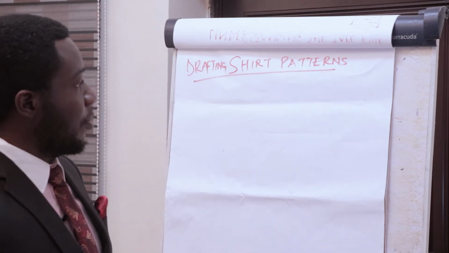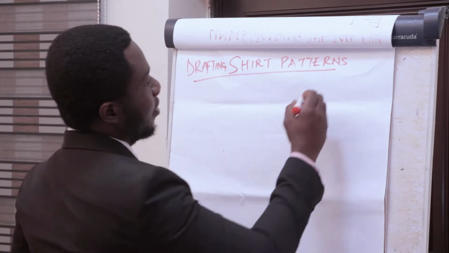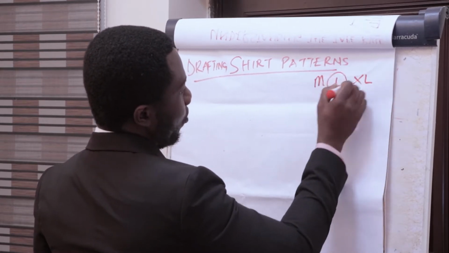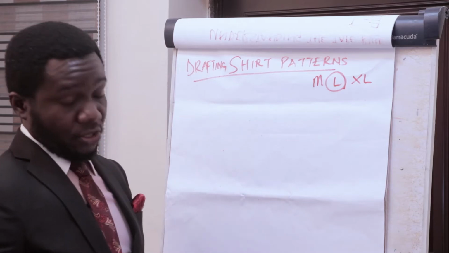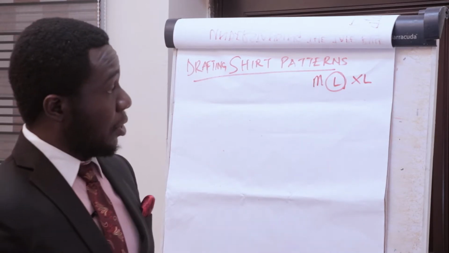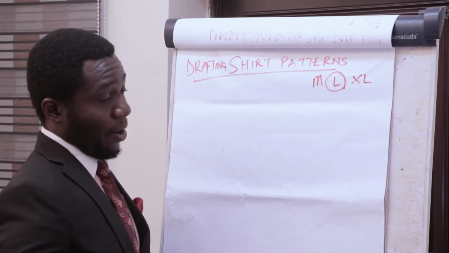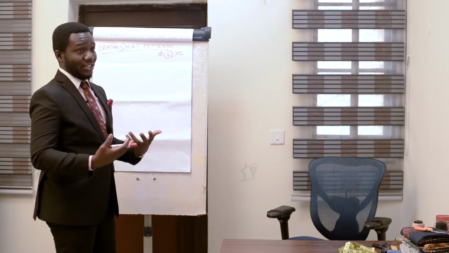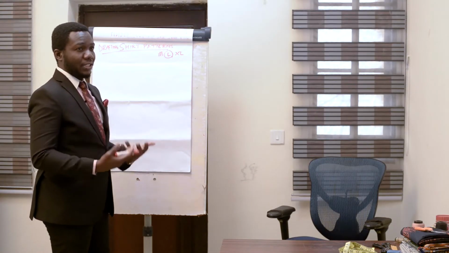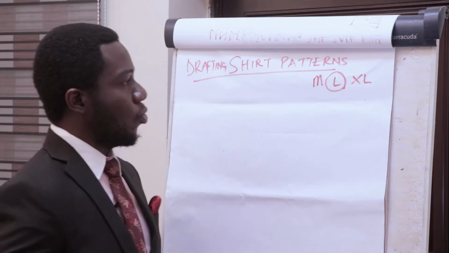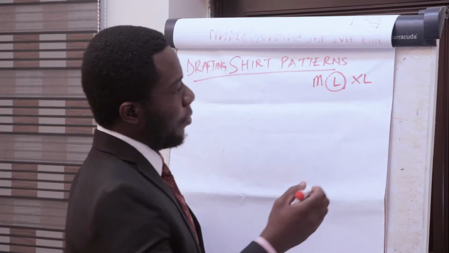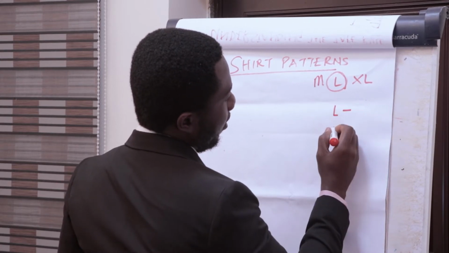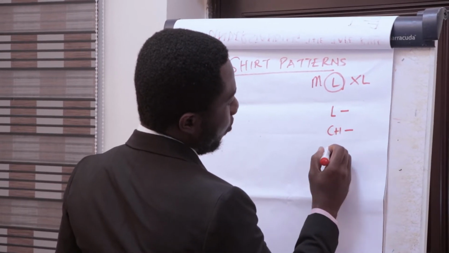So for example, say maybe you usually produce shirts between medium, large, and XL. It's better to create a large shirt pattern. So basically I would use our large shirt sizes with the dimensions we use for them. So what you need to know about dimensions: first things first, I'll talk about the length, the chest, the waist.